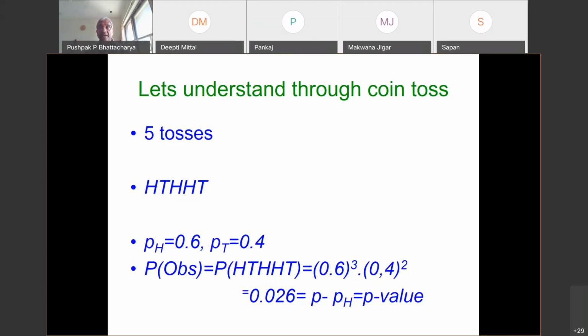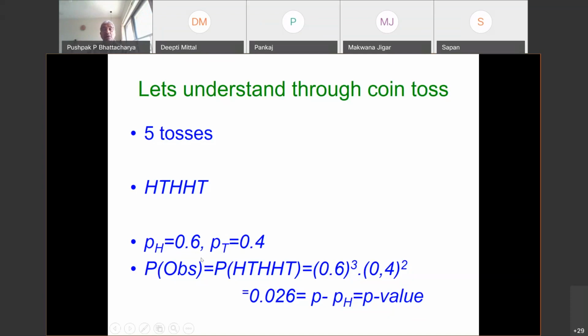Under that data observation, the best estimate for head is 0.6, best estimate for tail is 0.4 by the maximum likelihood principle. You set up the likelihood expression for the observation and maximize it by taking the derivative with respect to probability of head. That maximization gives you probability of head is 0.6 and probability of tail is 0.4.